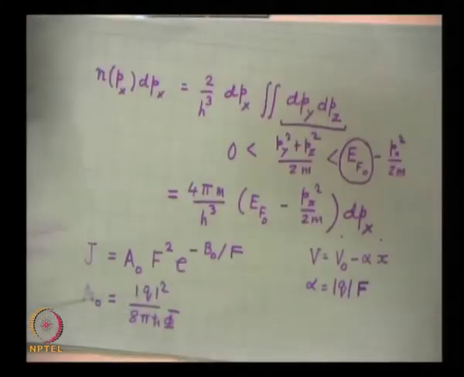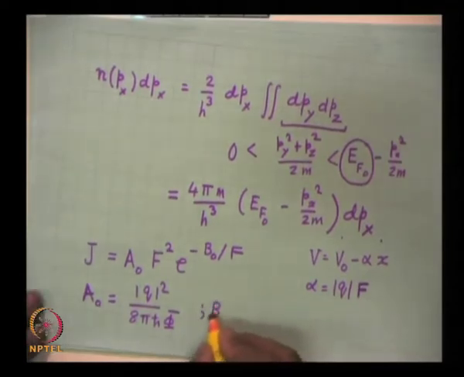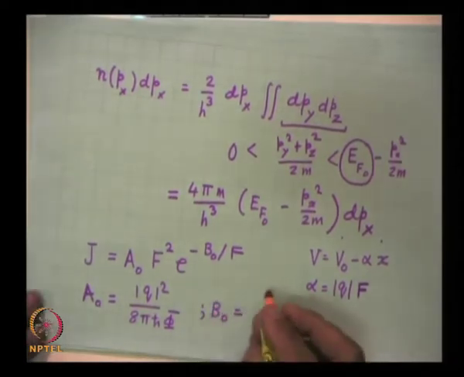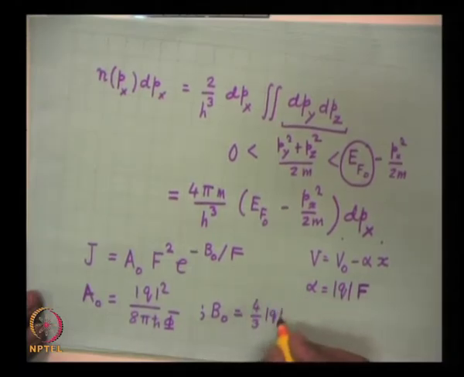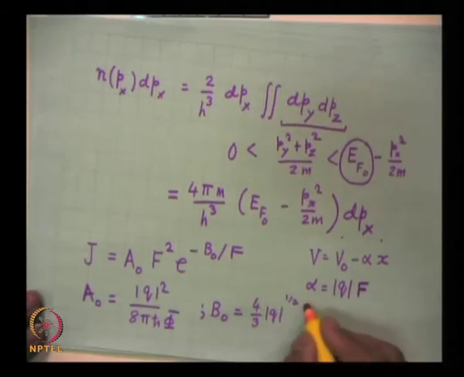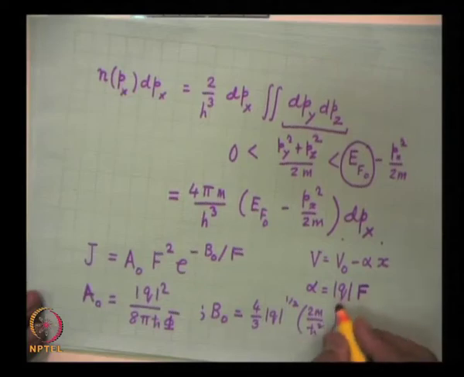And B naught is equal to 4 by 3 q raised to the power of half, 2 m by h cross square raised to the power of half, phi raised to the power of 3 by 2.